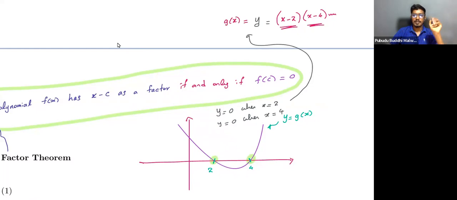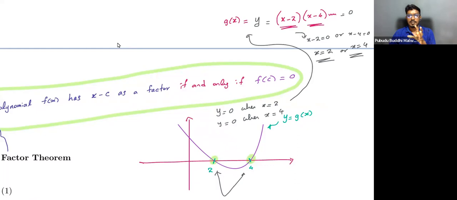Because when I equal this to 0 to compute x-intercepts, either x minus 2 equals 0 or x minus 4 equals 0. From that, you can solve these two, x equals 2 or x equals 4. Can you understand that? So x-intercepts and factors, there is a relationship.